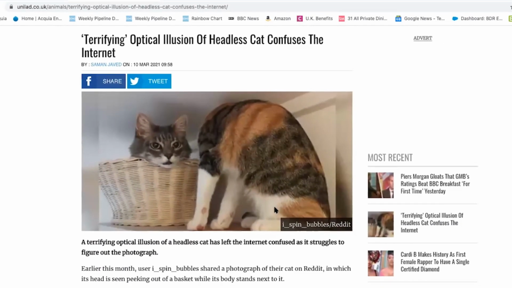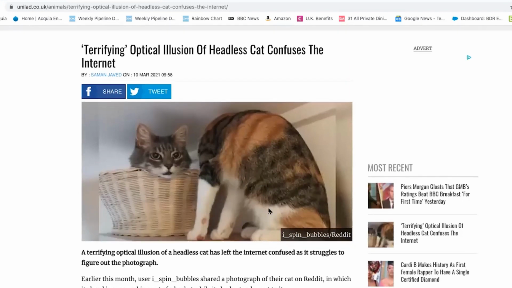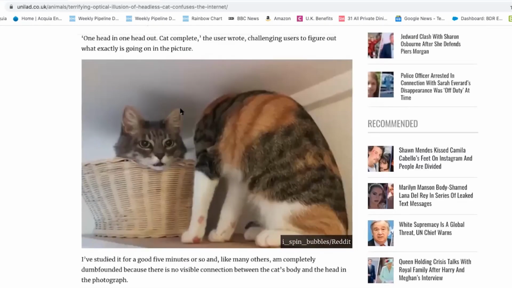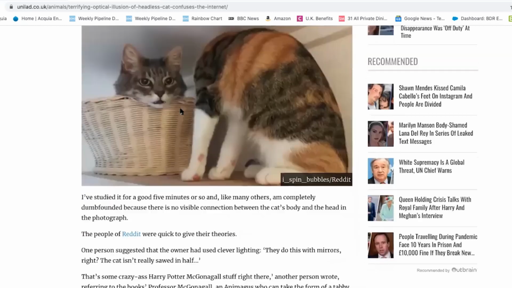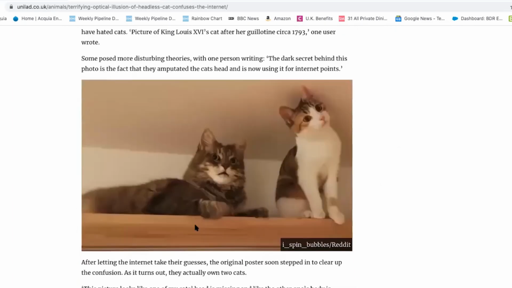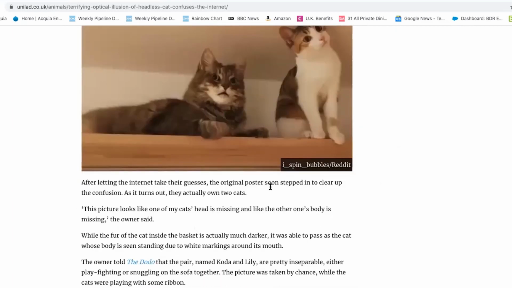Confuses the internet. I think it's supposed to be one cat, isn't it? Is it one of those special filters where it does the thing and then the cat's moved position in that time? Amazing. It's a cat turning to the right, and I think the other cat is in the basket. Yeah, I think so. Oh, there you go. Look, of course. Two cats. There were two cats. See, what a metaphor for life that is.